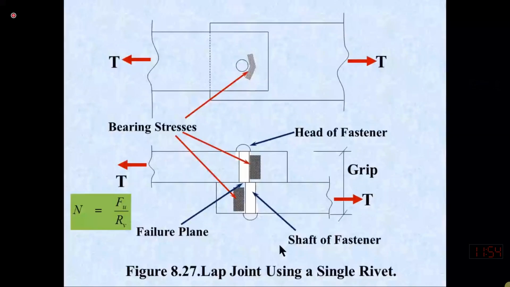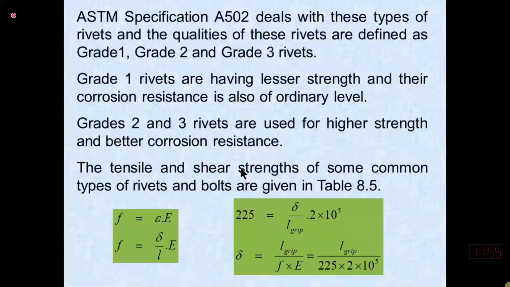If I stretch this by 2 millimeter, and after stretching I tighten the bolt, the material is in the elastic range. So what is happening? The material will tend to come back to its original position. When it tends to contract, it provides the pre-tensioning or compressive force to both plates to tighten the connection.